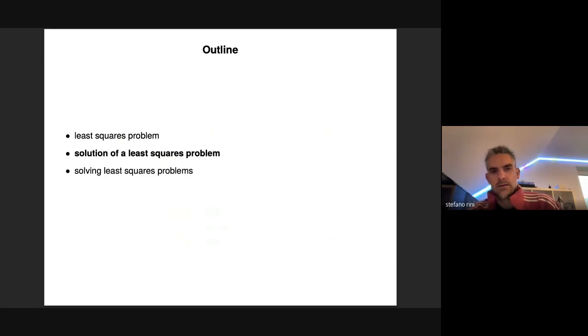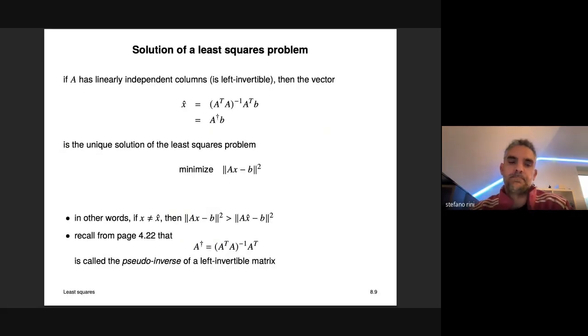Okay. Discuss the solution of a least square problem. As we said, the general approach to solve the least square problem is using the pseudo inverse, and we like the pseudo inverse because it doesn't distinguish whether the matrix A is tall, wide, or full rank or not full rank.